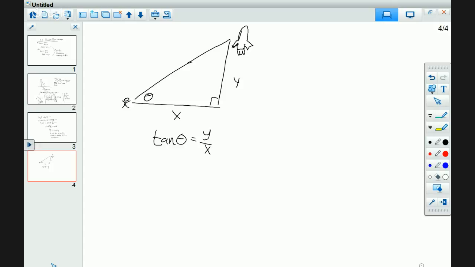Tangent is opposite over adjacent. The nice thing here is that x is static, so we would plug a number in. y is changing, and theta is changing. But it doesn't change your method at all.